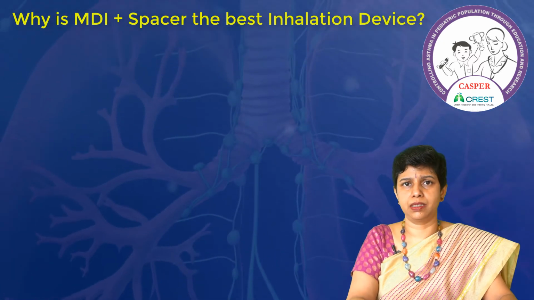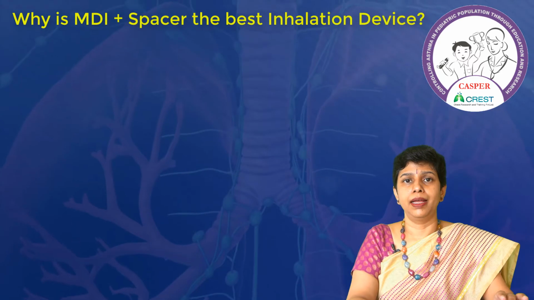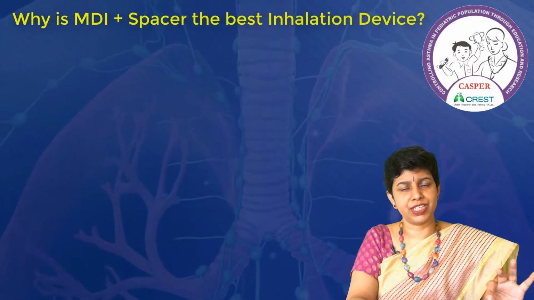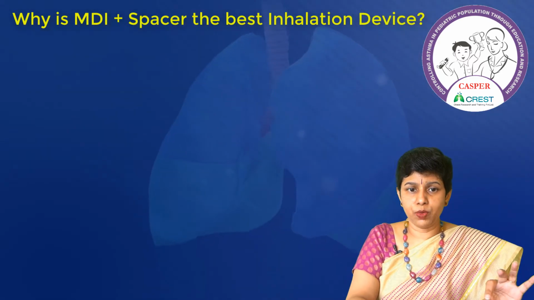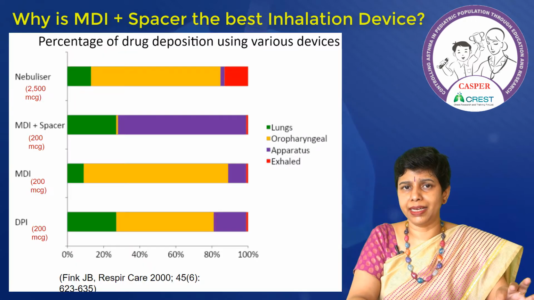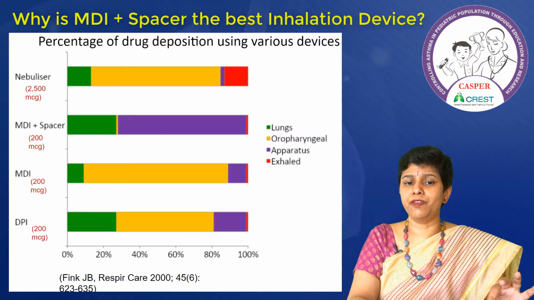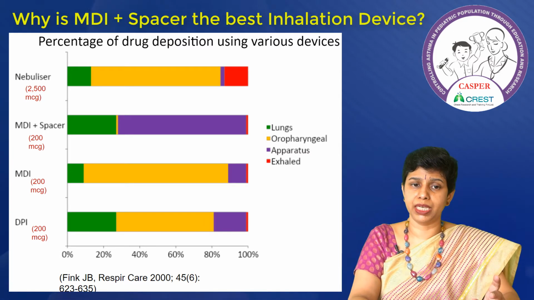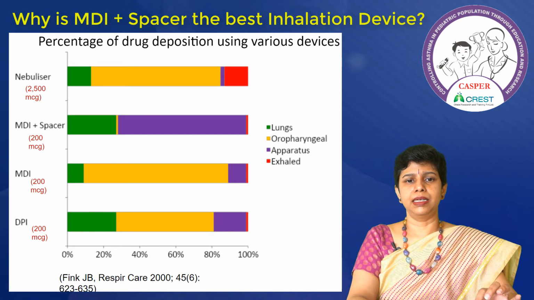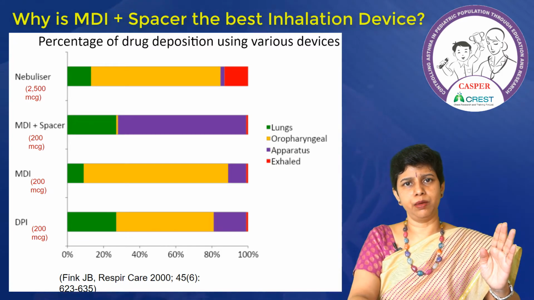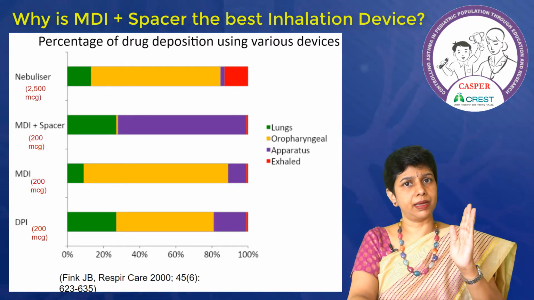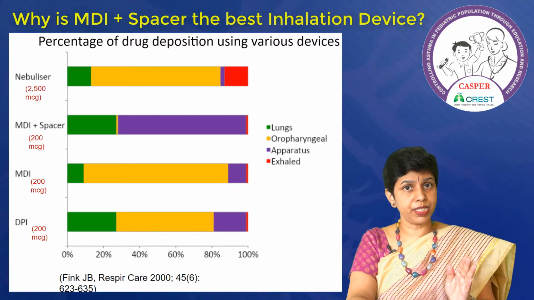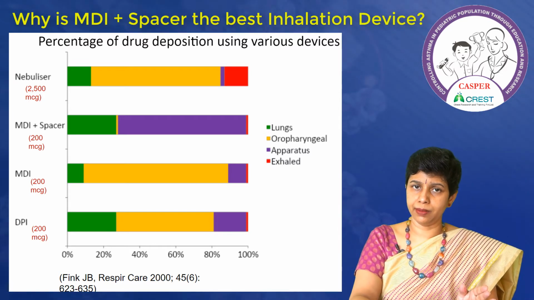Now, certain important aspects about MDI and spacer that make it the best inhalation device. And I would like you to focus on this particular slide. It was a study done by Fink JP and it was published in 2000, but it holds true of course even today. It is a comparative study between the nebulizer, the MDI and spacer, MDI only and a dry powder inhaler.